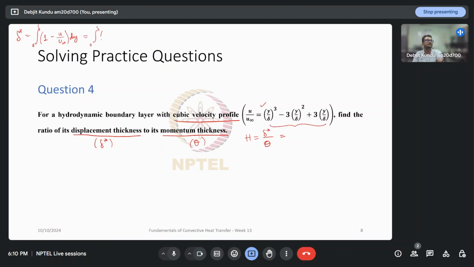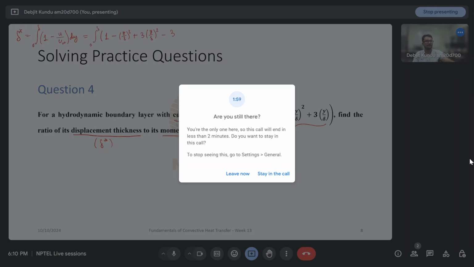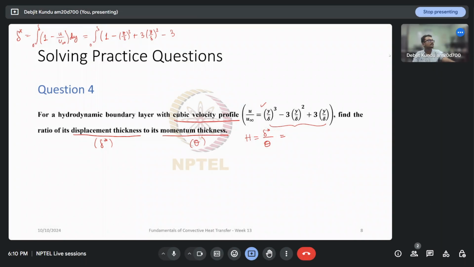So it's an integration from 0 to delta of 1 minus y by delta whole cube plus 3y by delta squared, and plus, sorry, not plus, it will be minus here. Yeah, sorry. So it will be 3y by delta. And with respect to dy, we have to integrate this now.